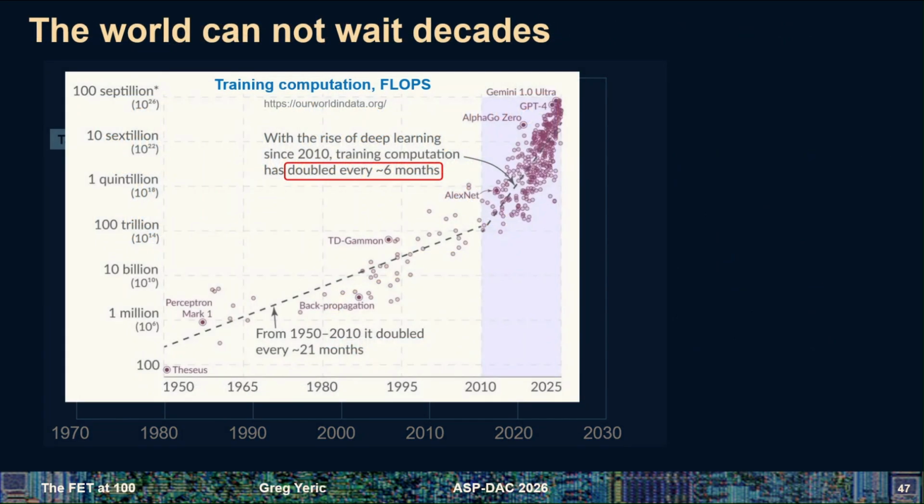Anyway, this lack of being able to scale logic and memory is a problem because of AI. So this is, again, very zoomed out.